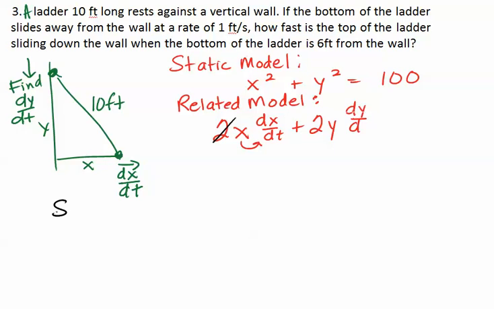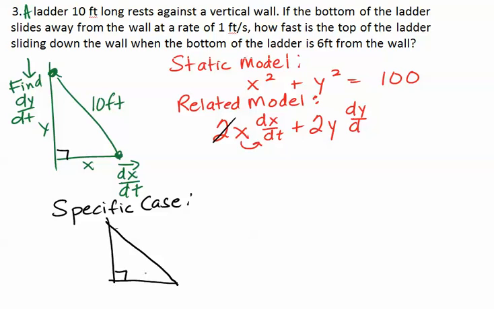Okay, I paused the video and lost a little of my writing here. So the specific case is worth redrawing here. So we are looking for the triangle where the ladder, of course, is always 10 feet. The distance from the wall for our specific case is given to be 6 feet.